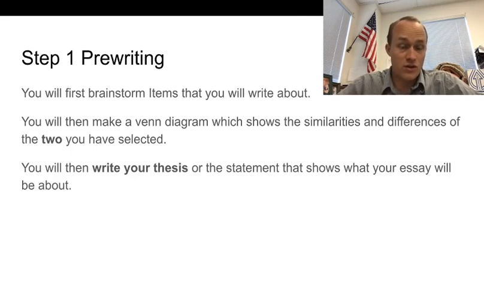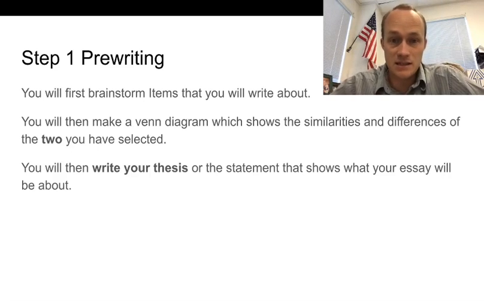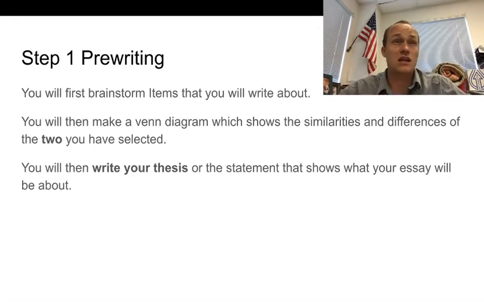What you're going to do first is brainstorm ideas that you could compare and contrast. So you could say boots versus shoes, rollerblades versus roller skates, long hair versus short hair, things that you have made a decision on in your life, maybe a skateboard versus a bicycle, a truck versus a car.